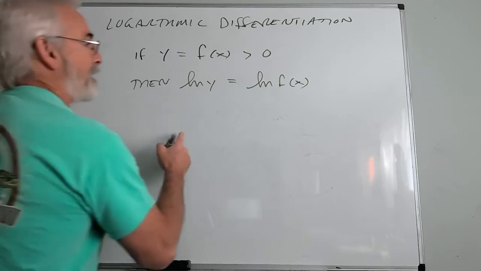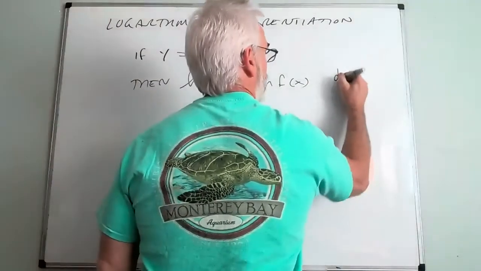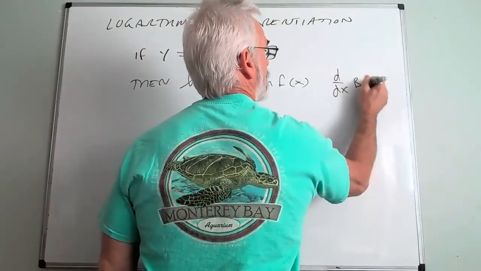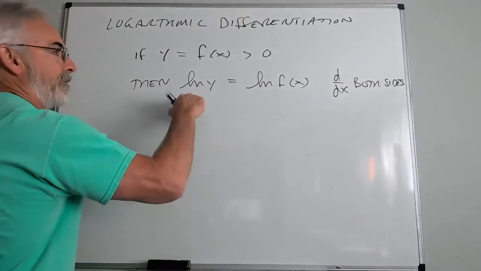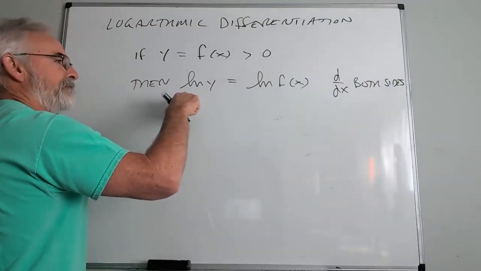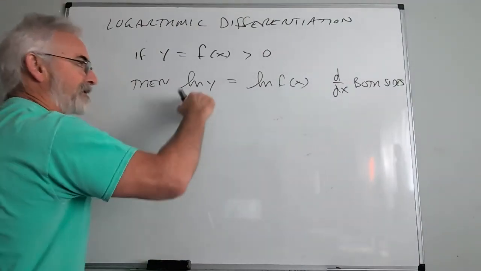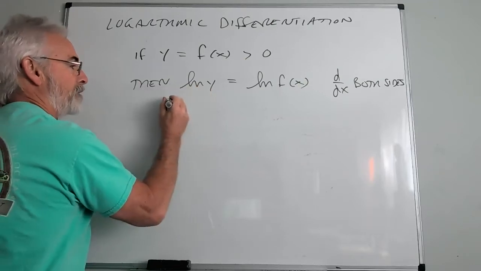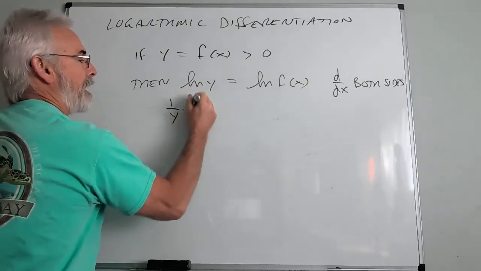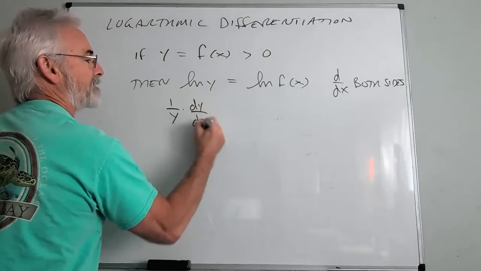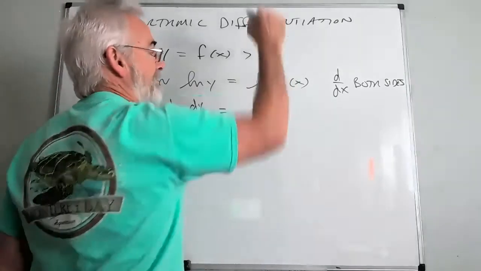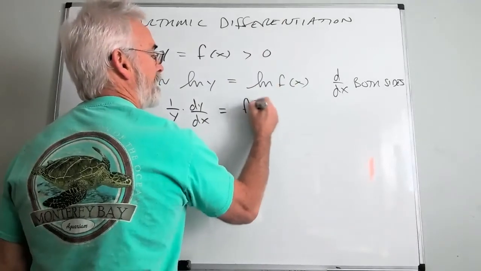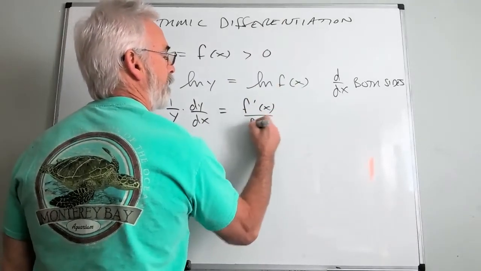Okay. Now, if I differentiate both sides, remember, y is a function of x. So what would the derivative here be? It'd be 1 over y times dy dx. On the other side, what would I get? Well, we just did it a moment ago, didn't we just say we'd get f prime of x over f of x?